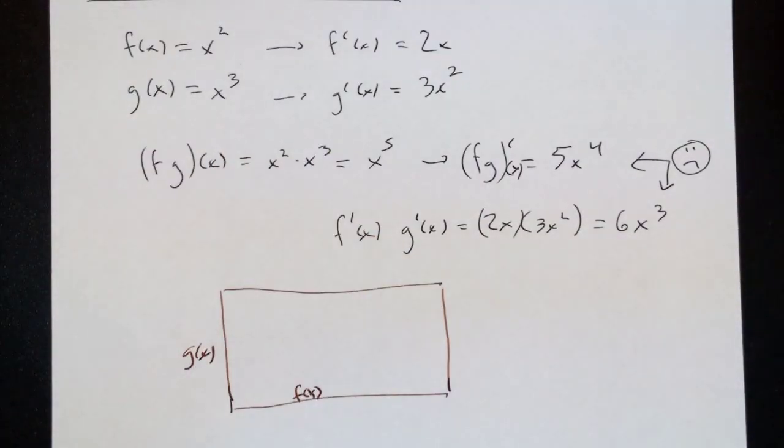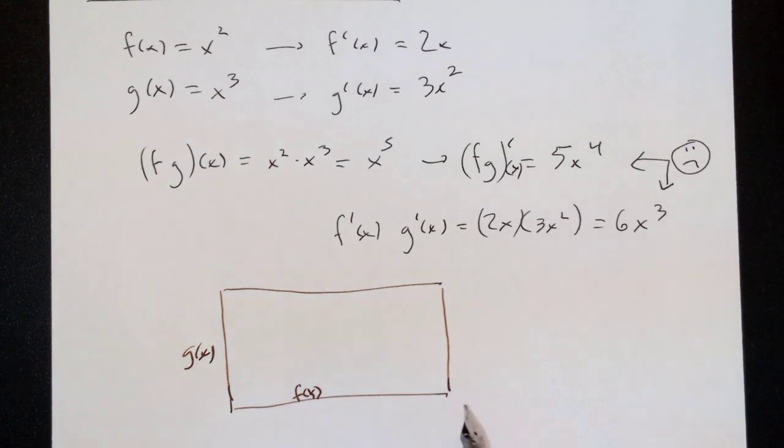If you make x a little bit bigger, what happens to x squared? It also gets larger. If you make x a little bit bigger, what happens to x cubed? So I can say when I do x plus h, I'm going to get a little bit bigger of a length and a little bit bigger of a width.